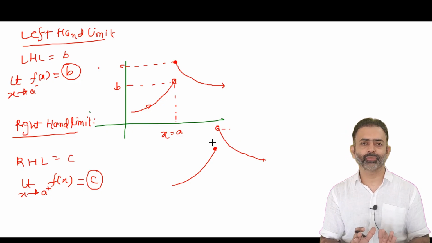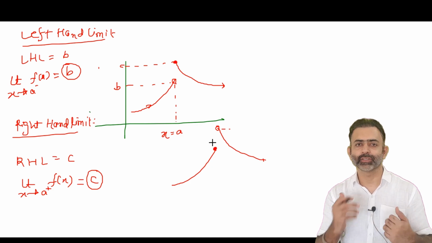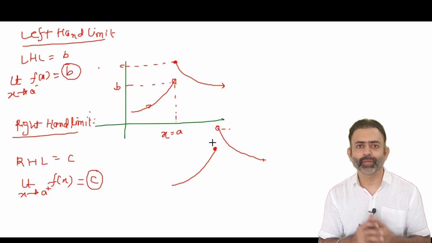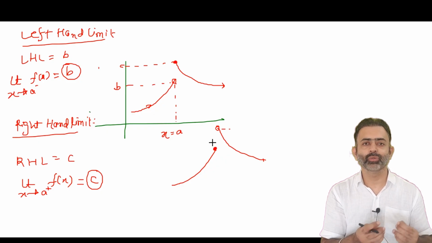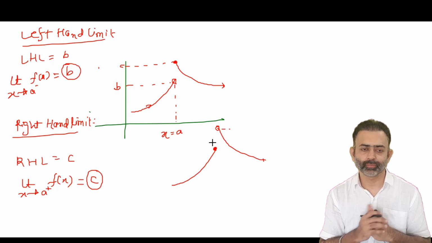So when the limits of the function are not equal, then we say the limit does not exist. Right? Meaning we are not in a position to tell to which value the function is approaching.